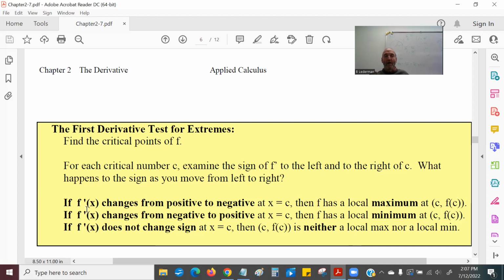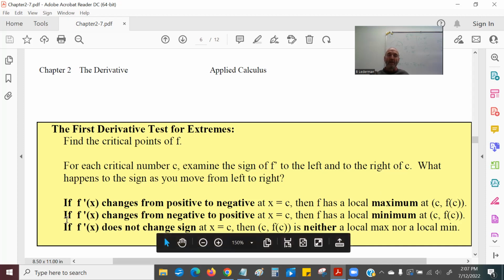If f prime of x changes from positive to negative at that crucial point C, then C is going to be a local maximum at the point C comma f of C.